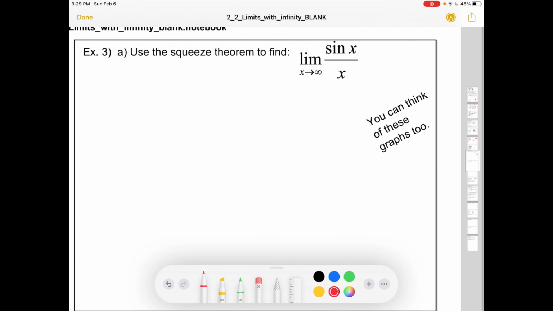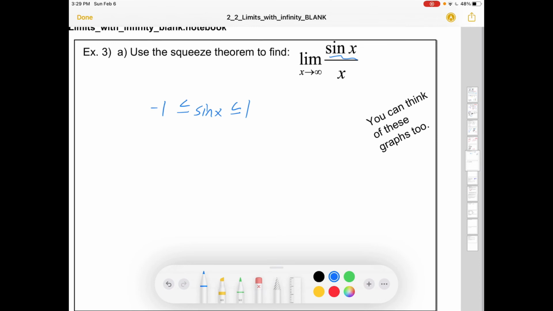All right, that brings us back to the squeeze theorem. So we're asked here to use the squeeze theorem or sandwich theorem to find this limit. So what we do is we take sine of whatever we've got, and we know that that is sandwiched between 1 and negative 1.